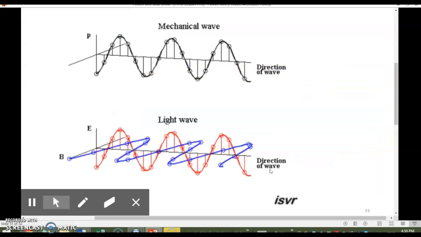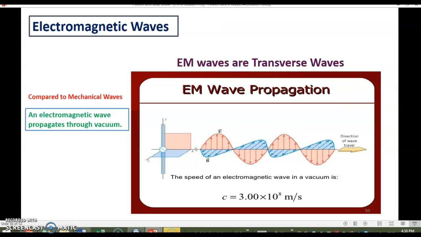However, as for the mechanical wave, it could not propagate through a vacuum. It needs a medium to propagate through. It requires material to propagate through. An example of a mechanical wave is the sound wave. It cannot propagate through vacuum. It propagates through a material.